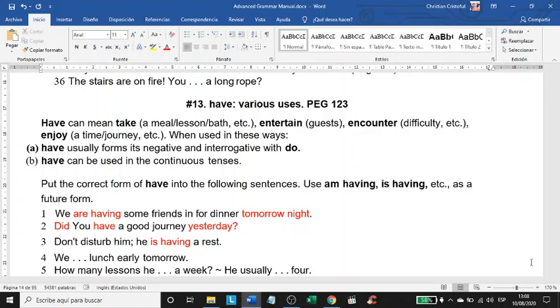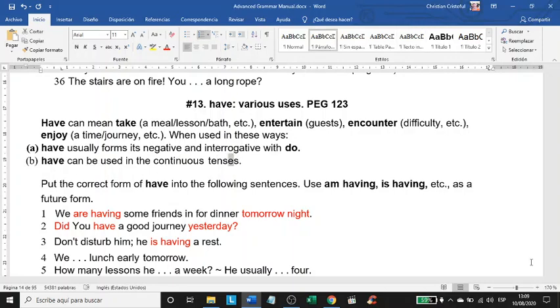And when they are used in these ways, there are two options. First, we need to do the interrogative and the negative form using do. For example, do you have will be interrogative, and negative will be you don't have. He doesn't have. Okay? But have can also be used in the continuous tenses.